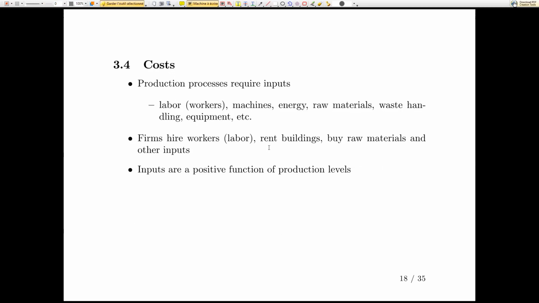These are all the costs that you have to add together to produce. And inputs are a function of the production level. The more production you want, the more input you need. That's quite obvious.